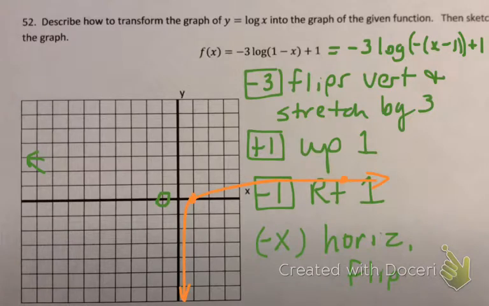So now let's take the point that we just plotted and go up one and to the right one, which would put us back on the y-axis. No significance to that except that's just where we landed. So now we've taken care of the right one, the up one, and the horizontal flip. So all we have to account for is the vertical flip and stretch.